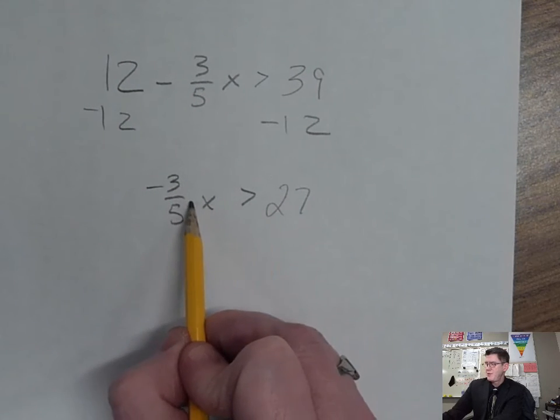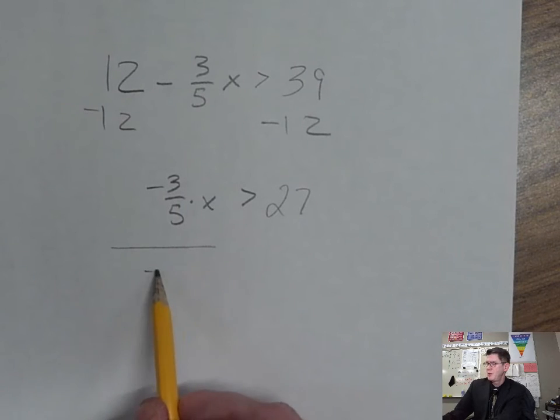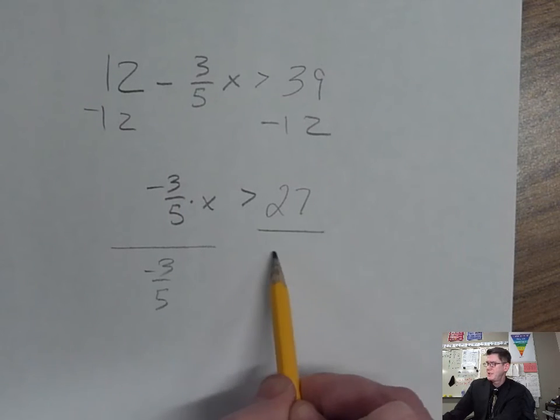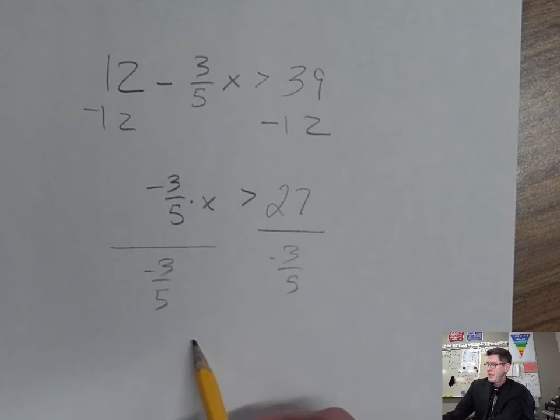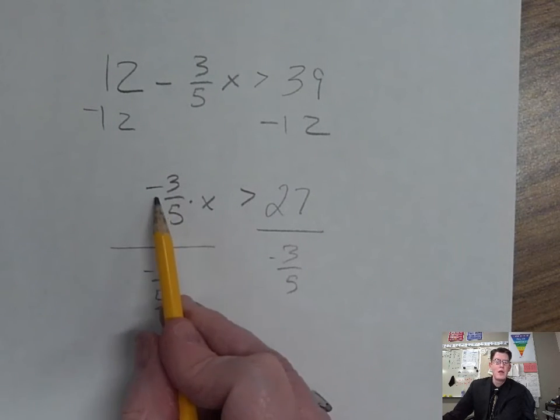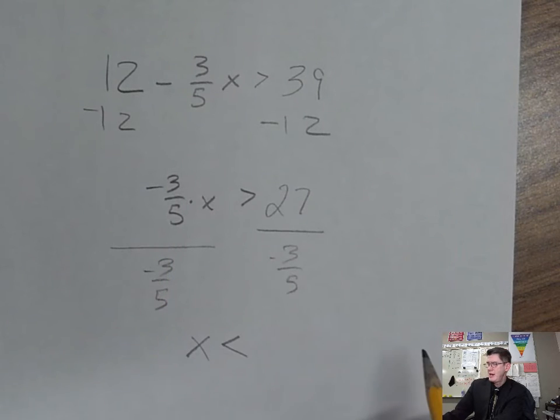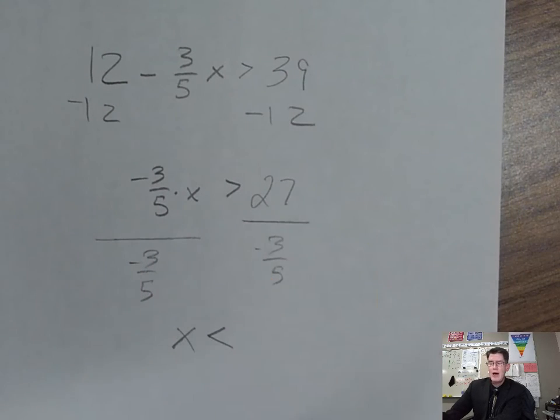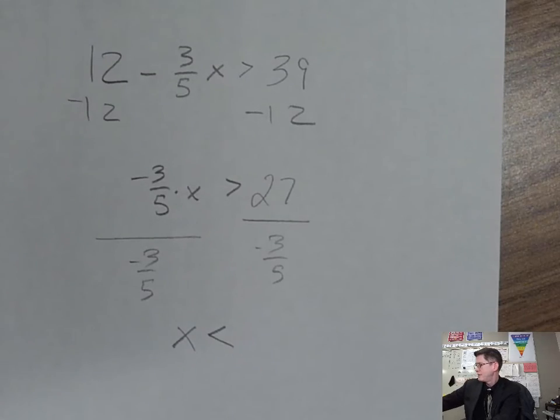Then this negative 3/5 is multiplied on, so we divide off negative 3/5. And for x, we have to flip the inequality because we did a negative, so now it's greater than whatever your calculator gives you for that.